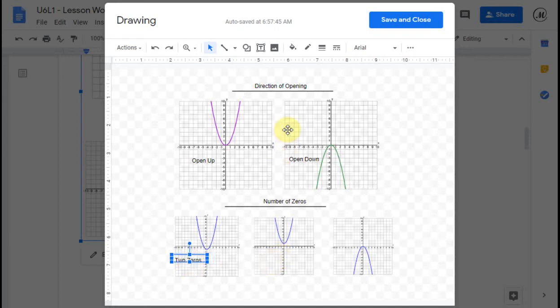Looking at this parabola here, notice that the parabola is such that it's above the x-axis and it's open up, so this has no zeros.